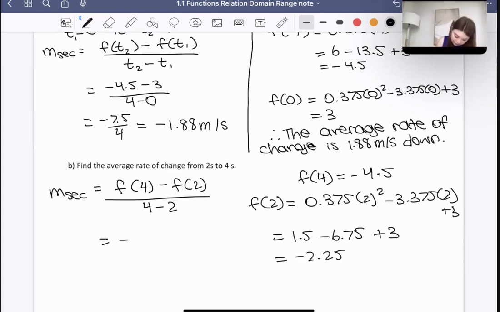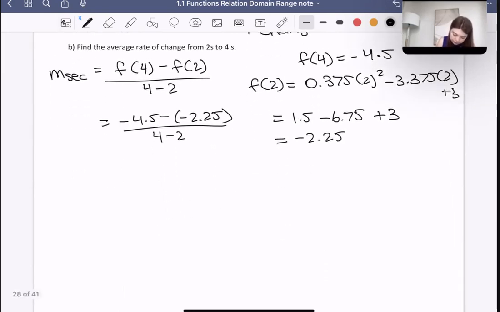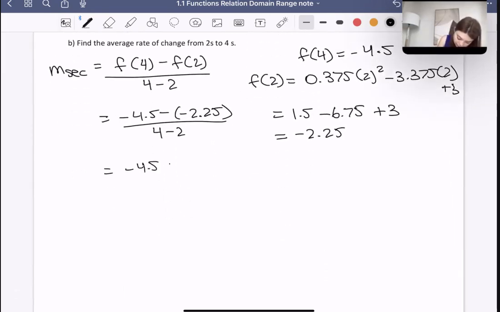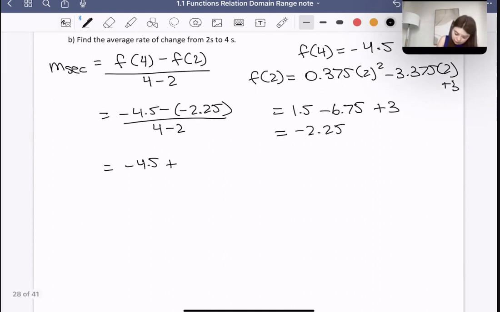So now we have negative 4.5 minus negative 2.25. Make sure, watch those negatives. That's a common mistake I see. And then over 4 minus 2, which that's going to be negative 4.5 plus 2.25 over 2, which that is going to be negative 1.13 meters per second.